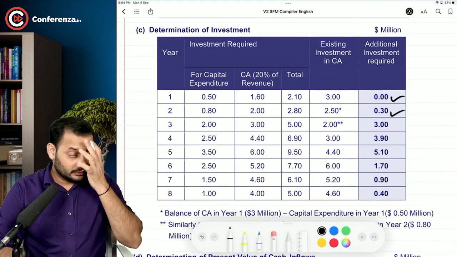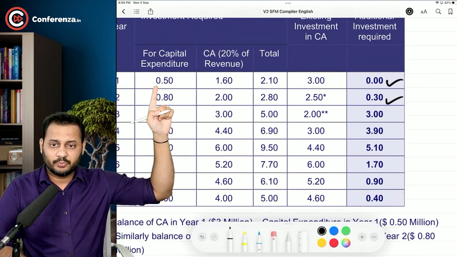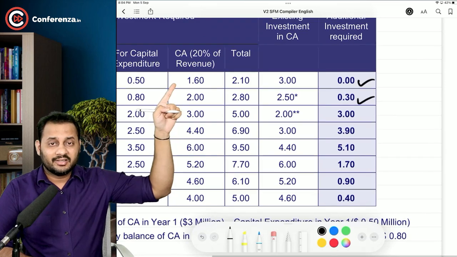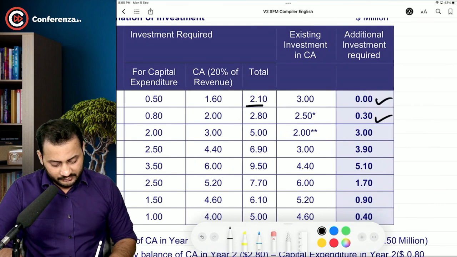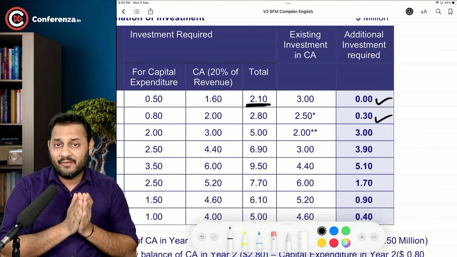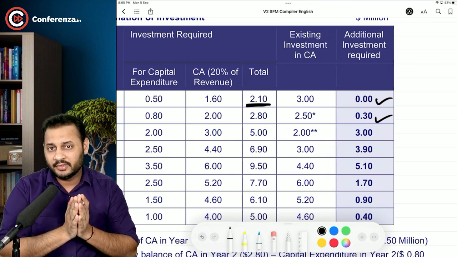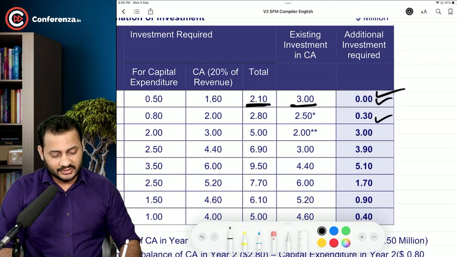0 and 0.30. Now coming back to this, capital expenditure required in the first year is 0.50 and current assets required according to the requirement was 1.6. So the minimum that we have to keep in the current assets is 2.1. We already had 3, so there were no funds required.